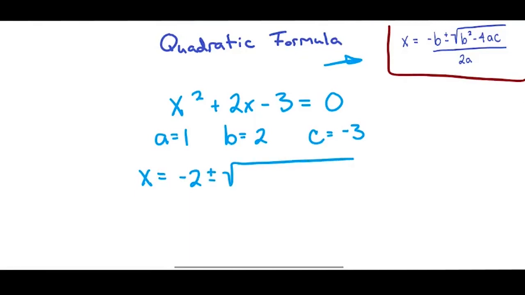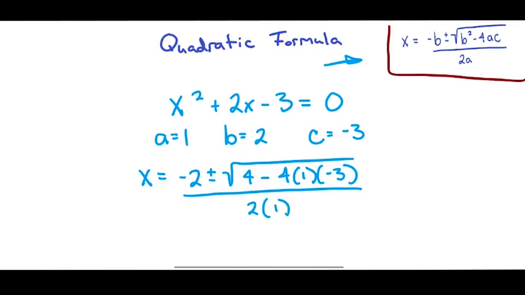Well, b squared is 4, minus 4 times a, which is 1, times c, which is negative 3, divided by 2 times a, which is 1.